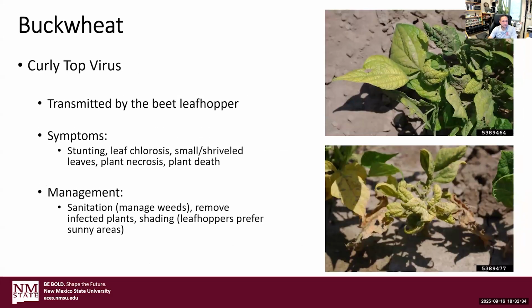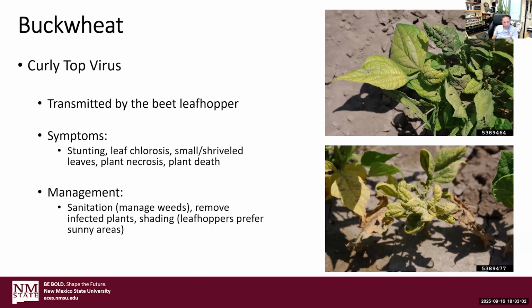Curly top virus is another one for buckwheat. It can be transmitted by the beet leafhopper. Some of the symptoms are stunting plants, leaf chlorosis or yellowing, small shriveled leaves, and then plant death. For this one, sanitation, managing your weeds because those beet leafhoppers overwinter on some weeds like London rocket and flixweed.